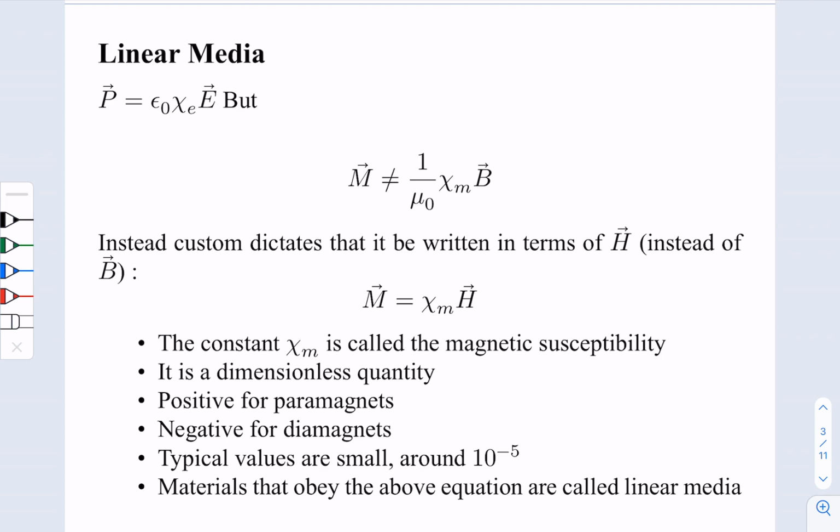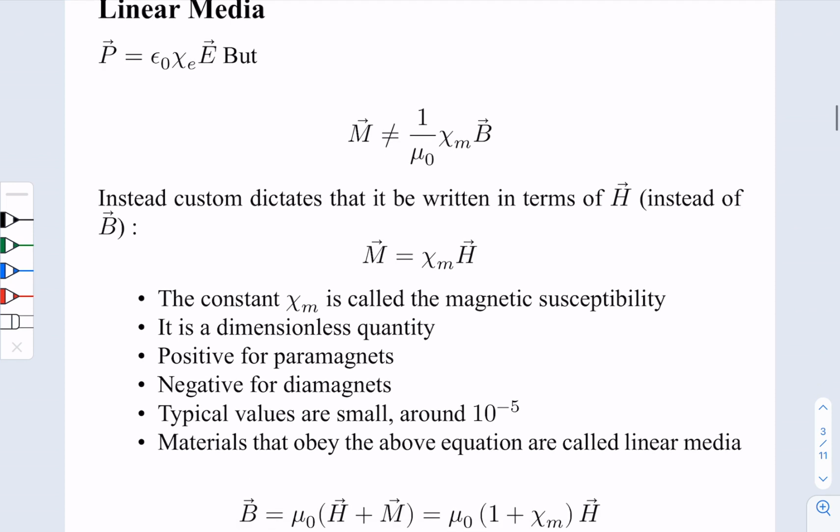Now, aside from this subtle difference from the electrostatic problem, everything else follows. So we also define the magnetic susceptibility instead of the electric susceptibility.